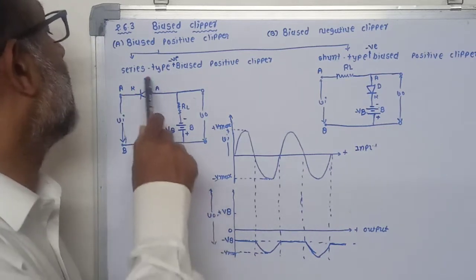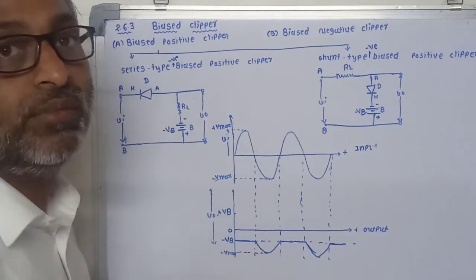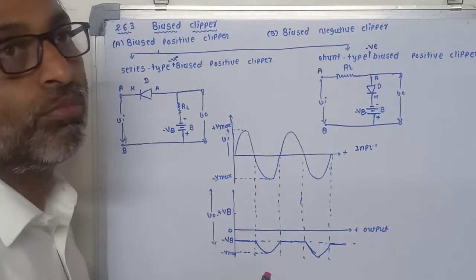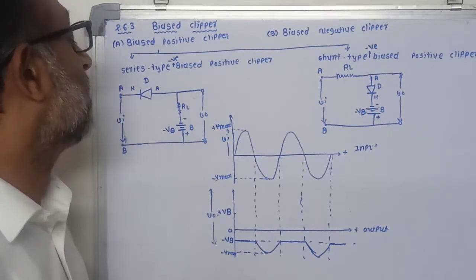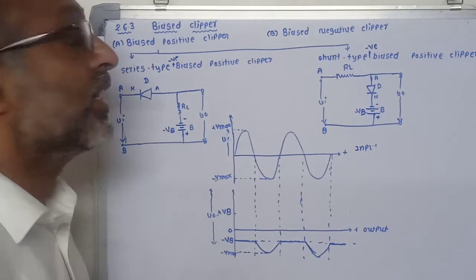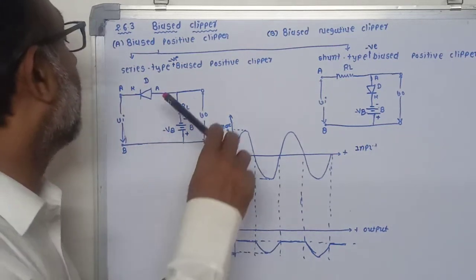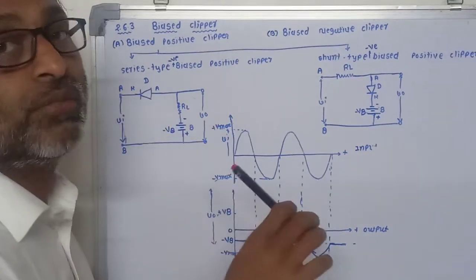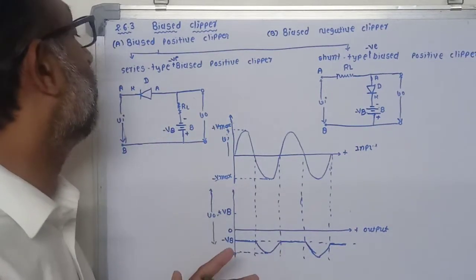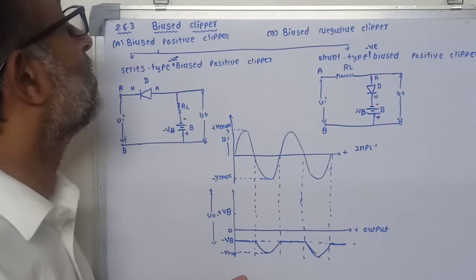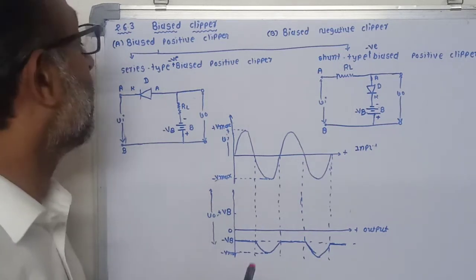So here this diode is connected in series with the load resistance or output load resistance RL, and the battery is connected in series with the load resistance.